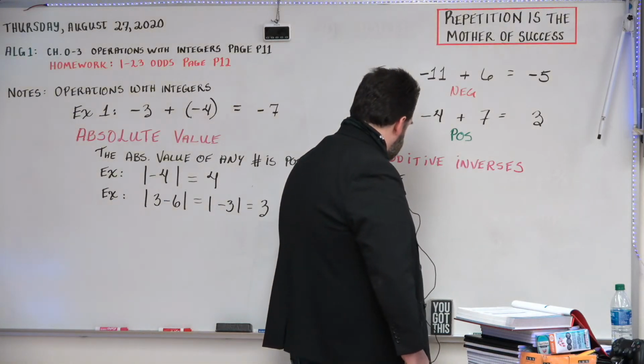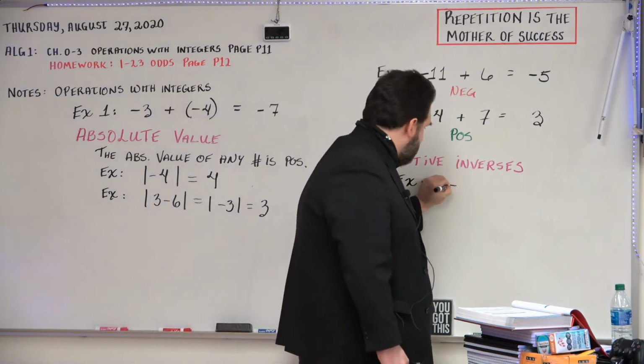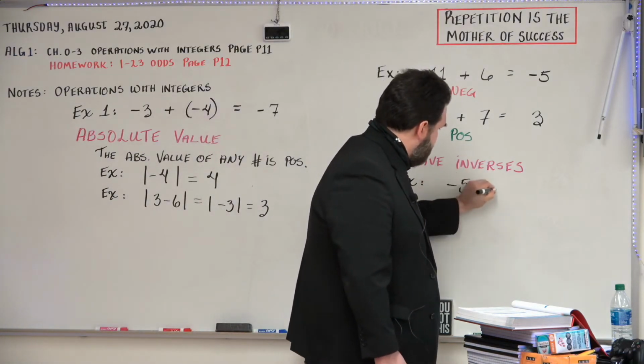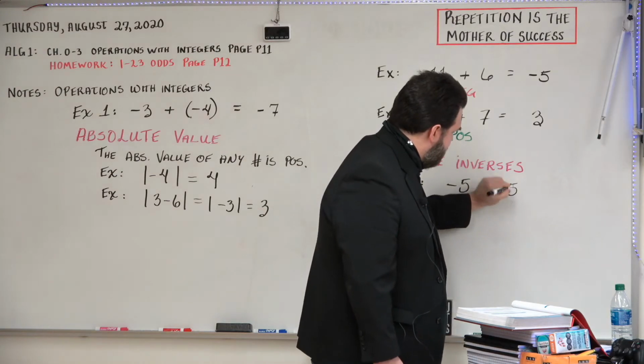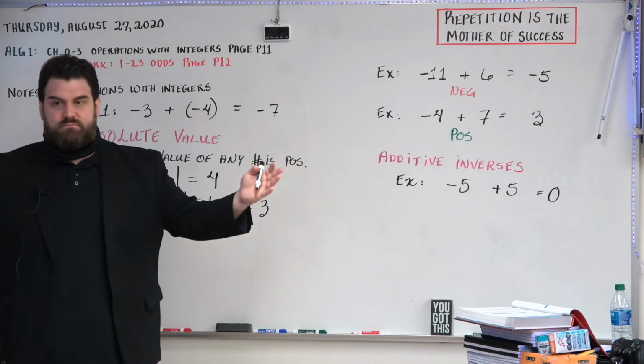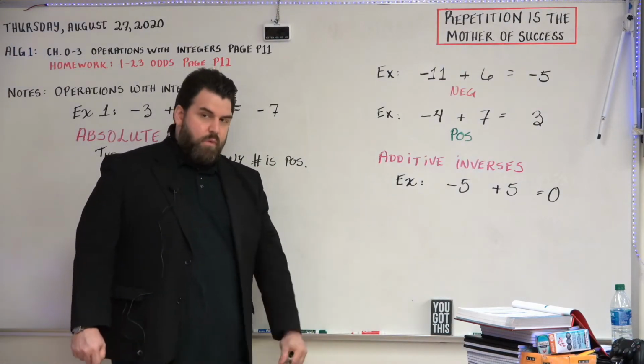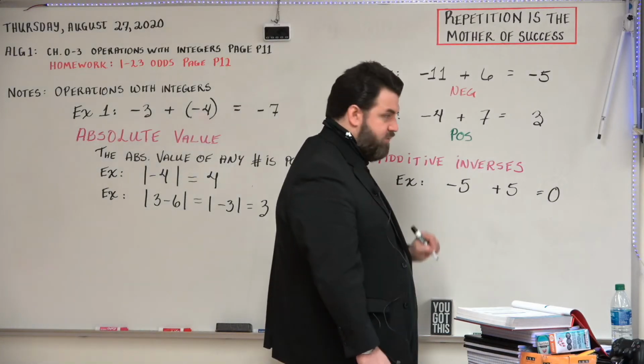Example: negative 5 plus 5 equals 0. And where this becomes important is if we use letters.